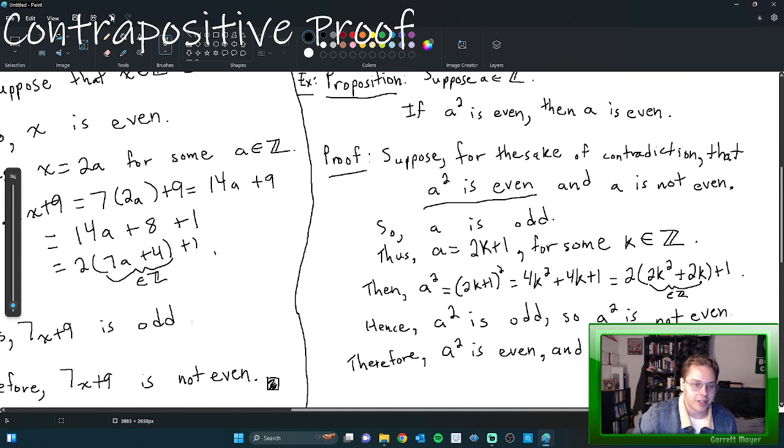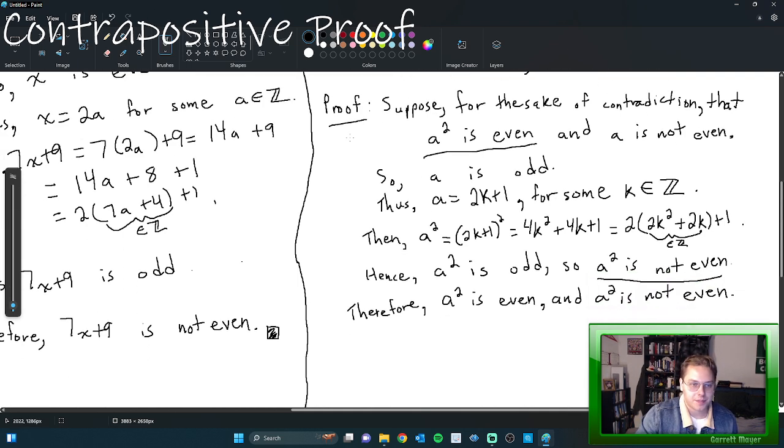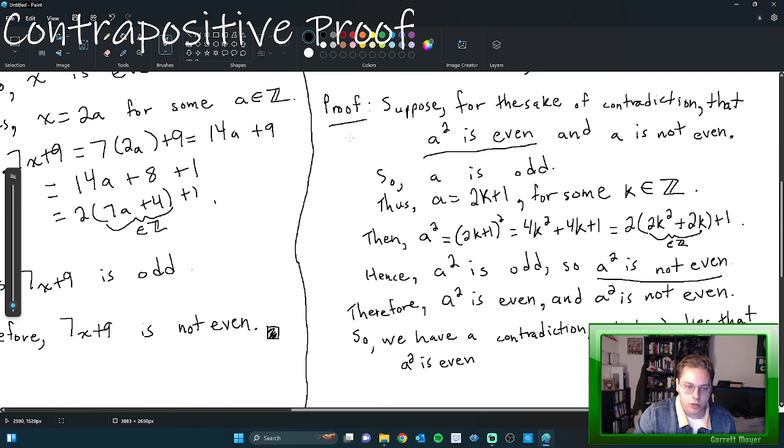But if we wanted to continue, we could write out, so we have a contradiction, which implies that a squared is even implies a is even is true.